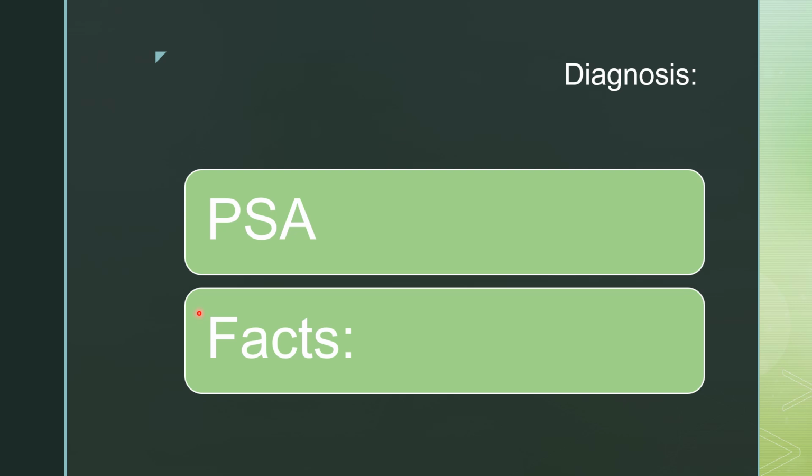While black men, they don't need to even worry about the PSA level. They should just go ahead with the full screening, particularly once there is positive family history of prostate cancer.